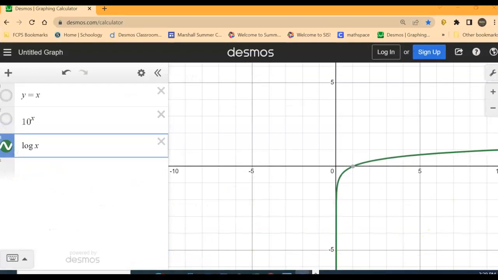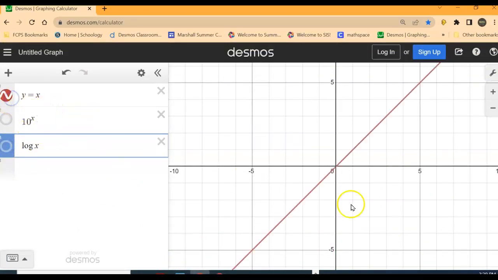Okay, so if you look at this, let's go ahead and put in our line of reflection. And then we've done the exponential, so y is equal to 10^x. Notice we have that critical point we talked about right there at (0, 1).